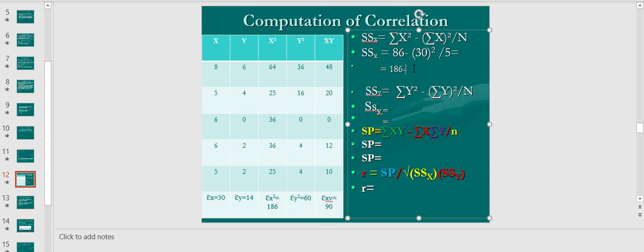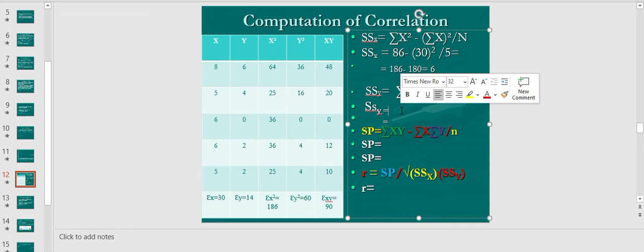It's 180. Okay, and 6 is the SSX, which is the variability independently in variable x.